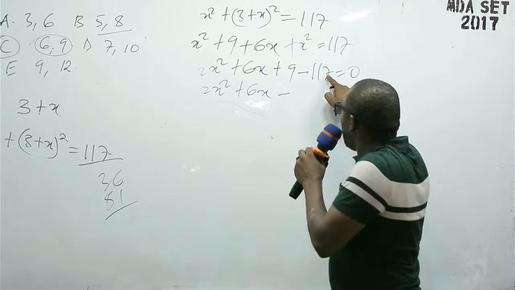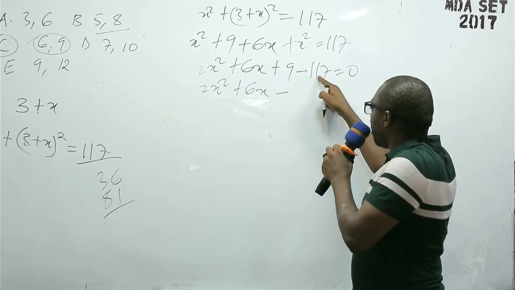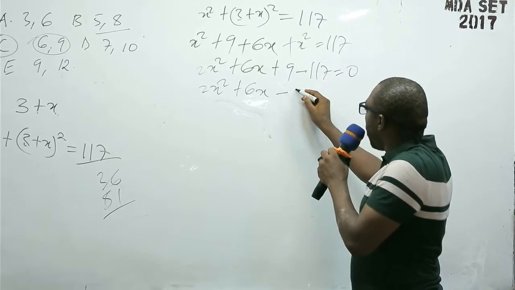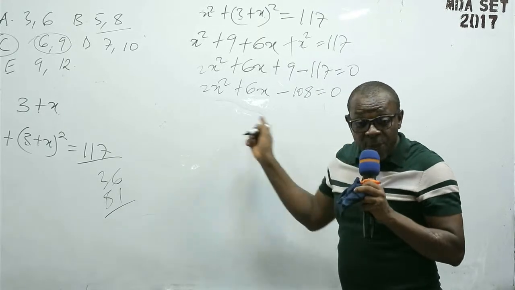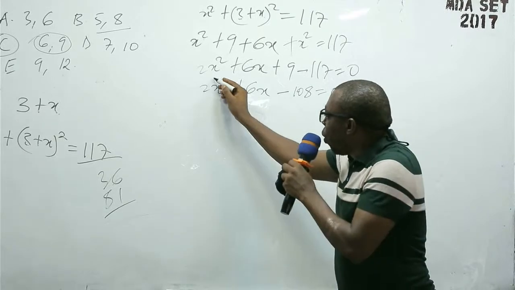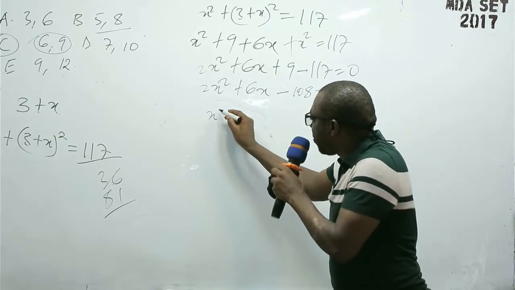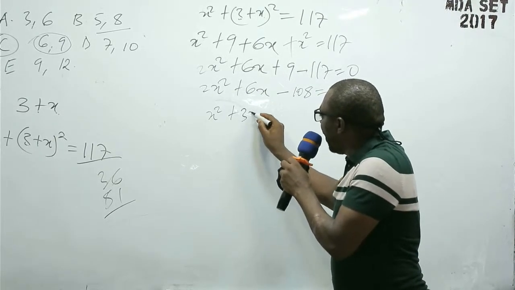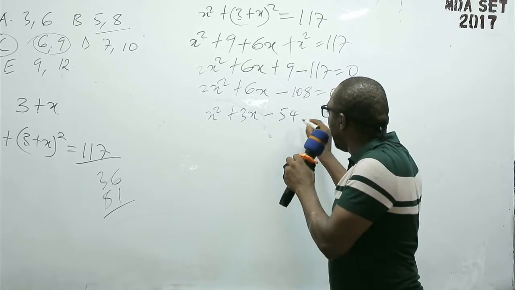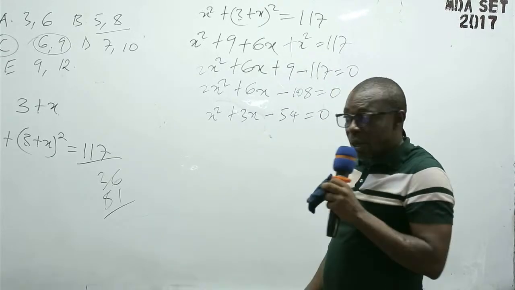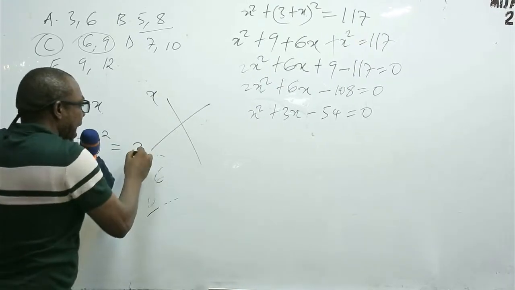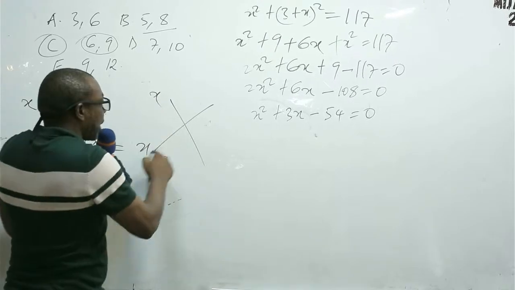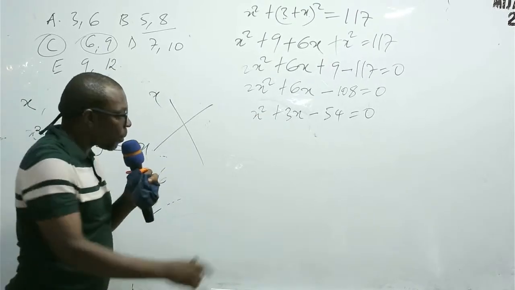So what happens here? 2x squared plus 6x. Now remove 7. I'm left with 110. Remove 2. I'm left with what? 108. 2 can divide through. So 2, 2, 2. What do we have? x squared plus 3x minus 54 equals 0. Watch out here. By scissors, x and x will give me x squared.